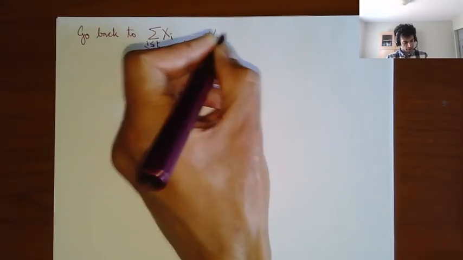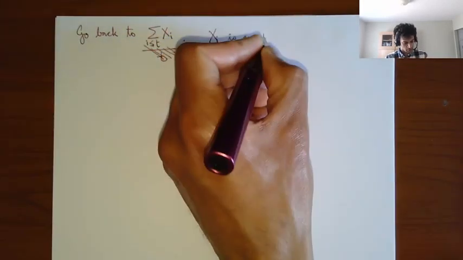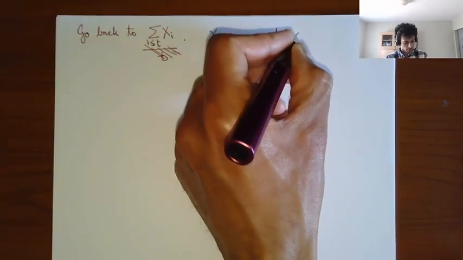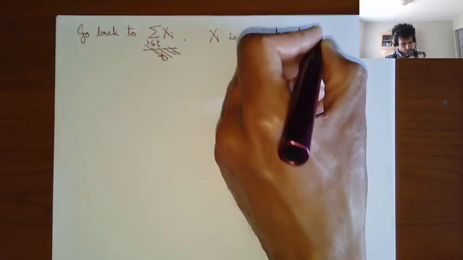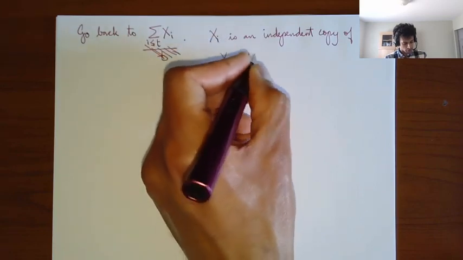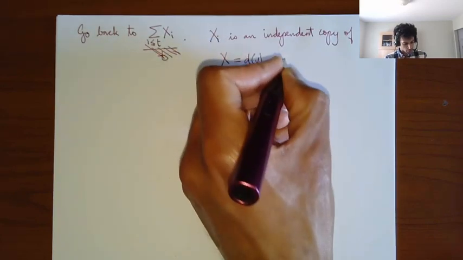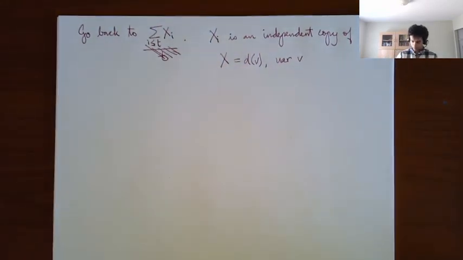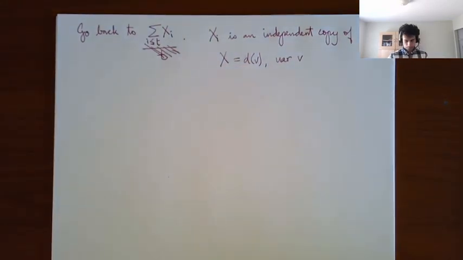Remember that x_i is an independent copy of x, where x is basically just equal to d_v for a uniform at random v.